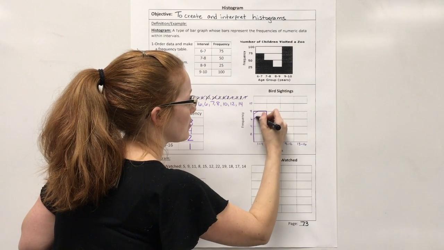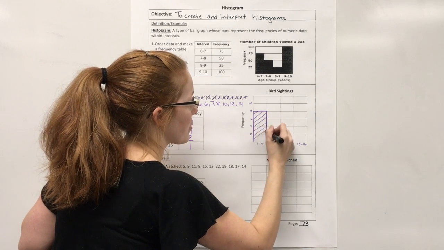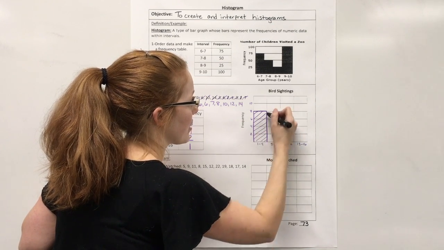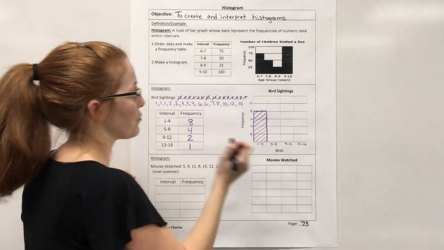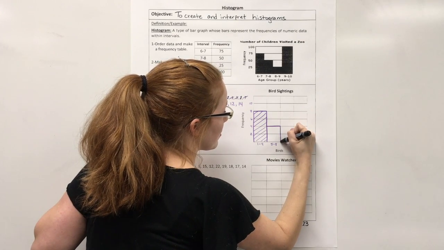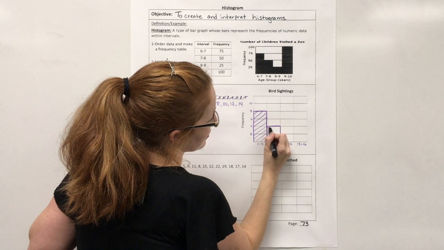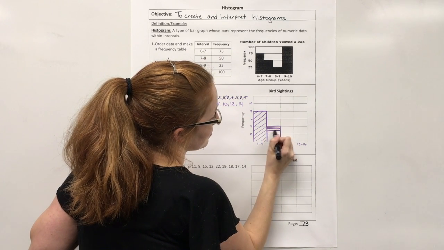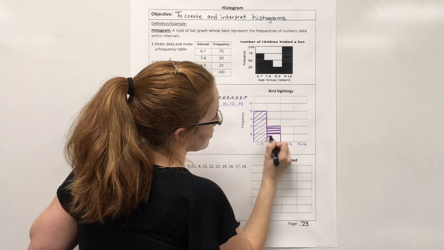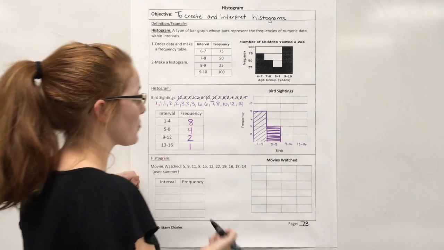And then I'm just going to do a pattern on here for now. Save my marker. So I would shade that in. Okay, my next one is 4. So that'd be up to here. Okay, maybe we'll go this way now. Okay, my next one was 2.